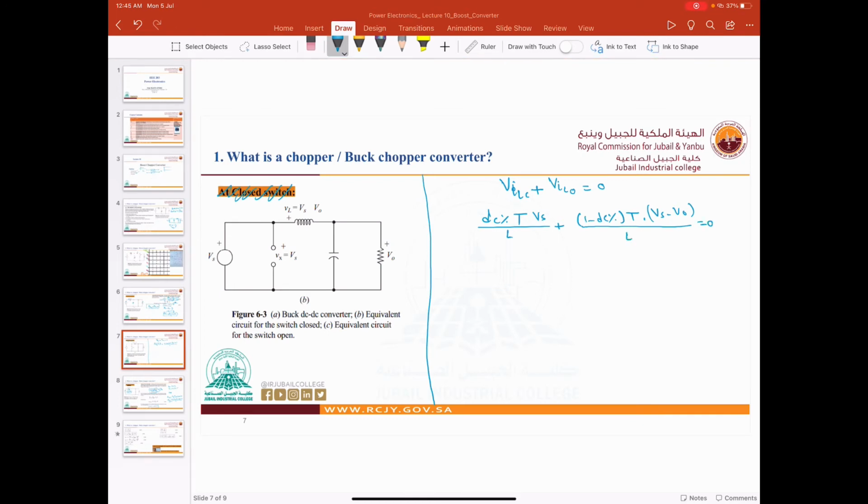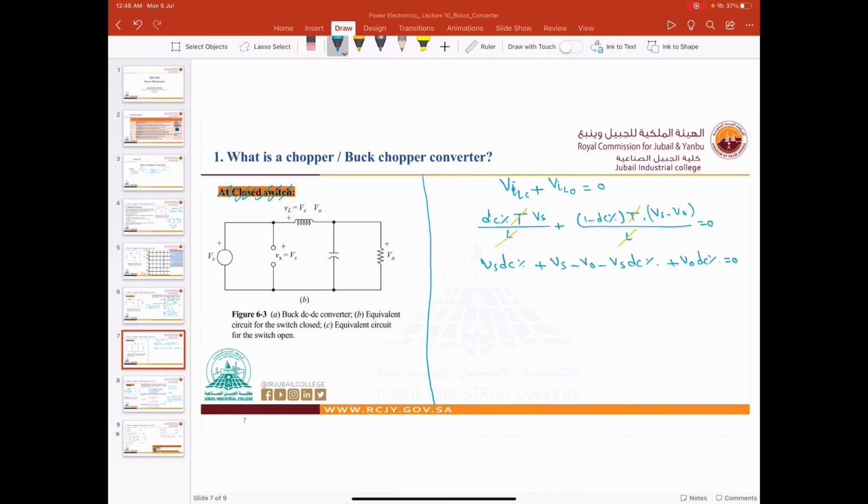This is equal to 0. Now we need to remove T and L because they are common factors. Now we remain with Vs duty cycle percent plus Vs minus V out minus Vs duty cycle plus V out duty cycle percent equal to 0.